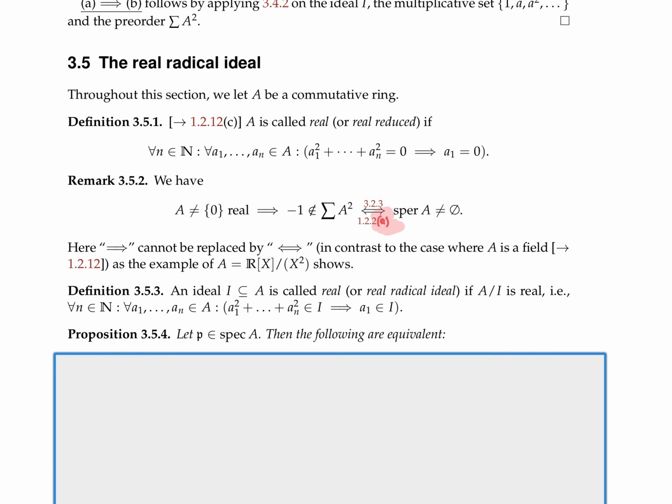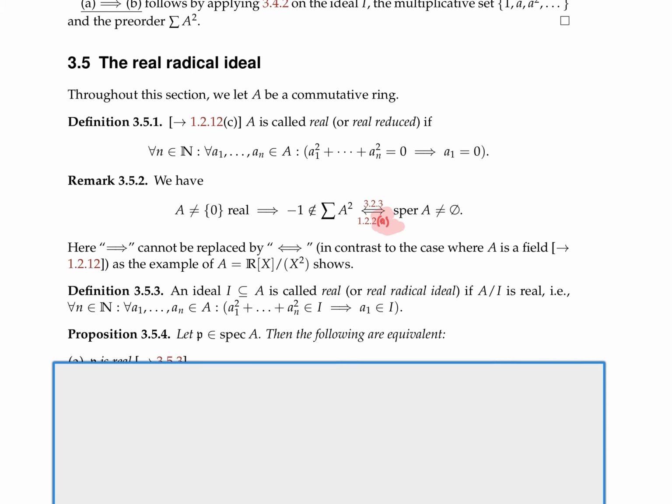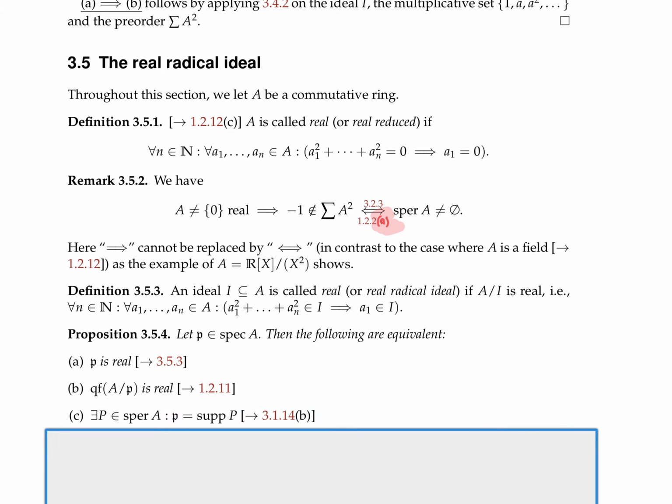Proposition 354. Let P be in the classical spectrum of A, so let P be a prime ideal. Then the following are equivalent. One, P is real in the sense that we have just introduced. Two, the quotient field of A mod P is a real field, right?